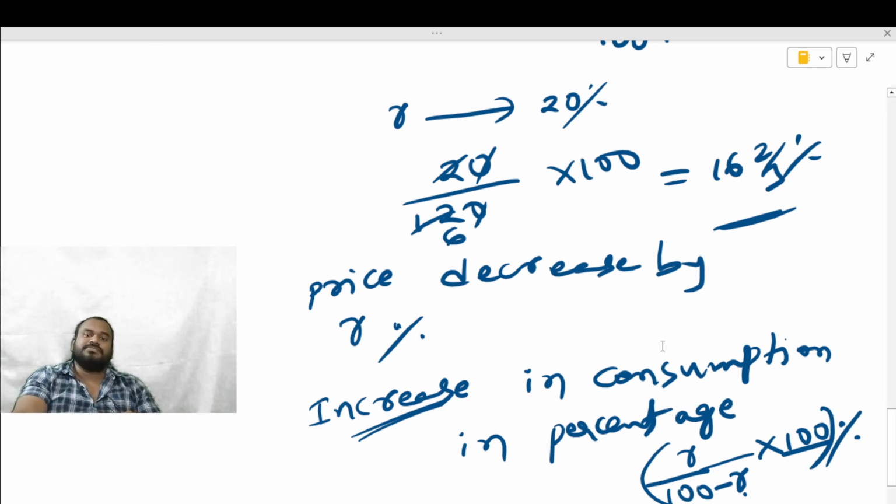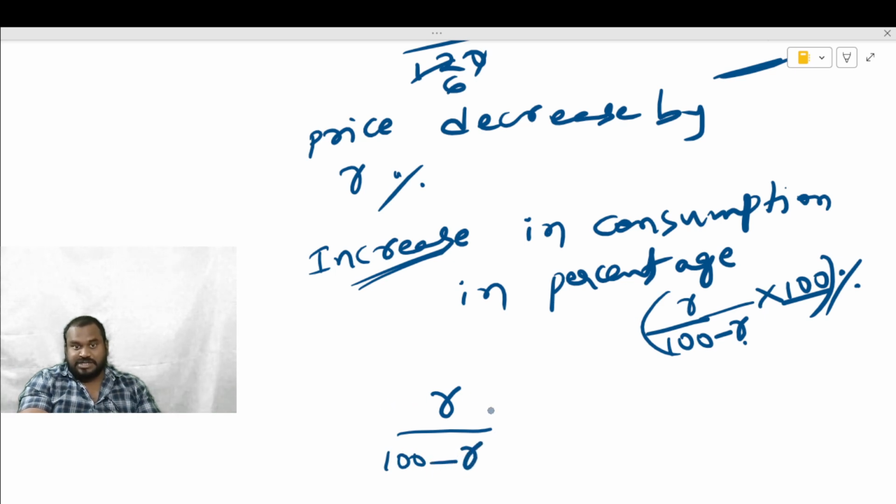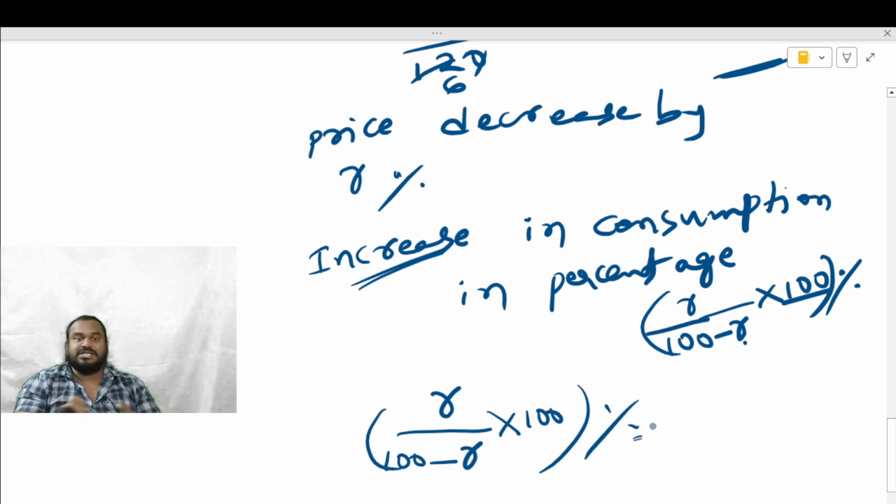This is the formula. When something has to increase, 100 minus R will come in the denominator, into 100. In percentage we will get the answer.